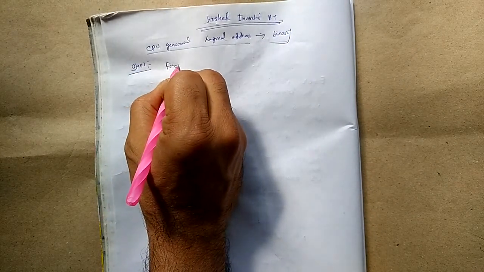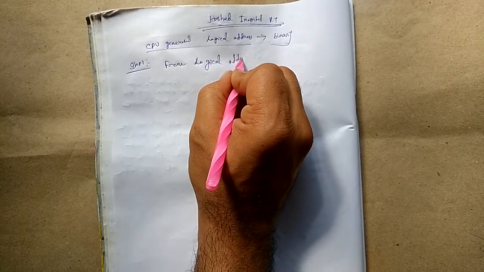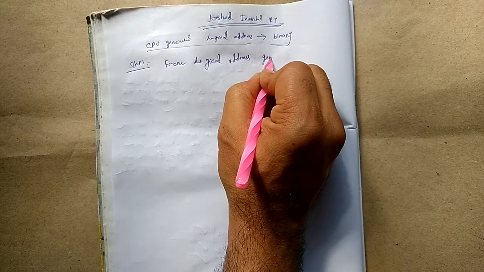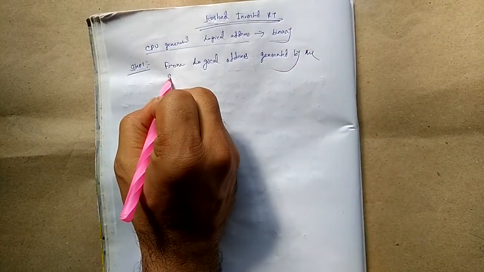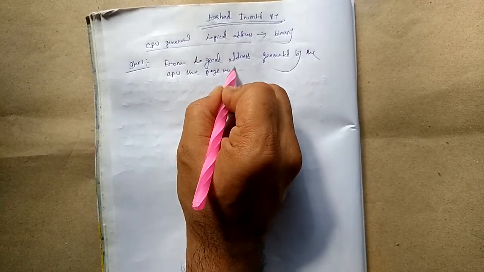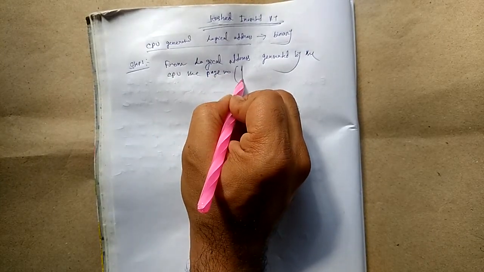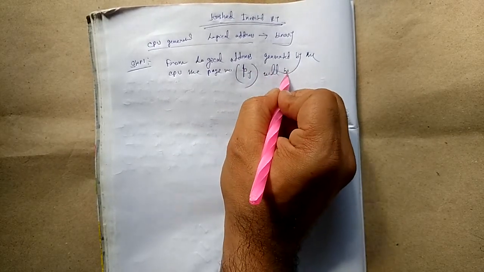So from the logical address generated by the CPU, the page number, denoted as small p suffix j, will be retrieved.